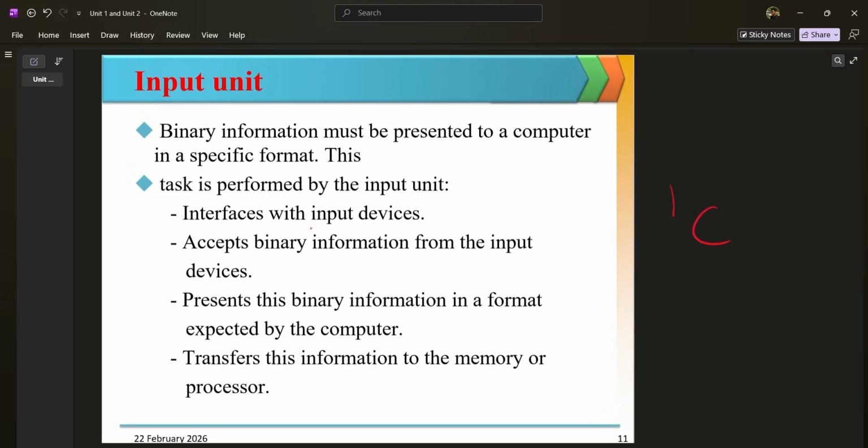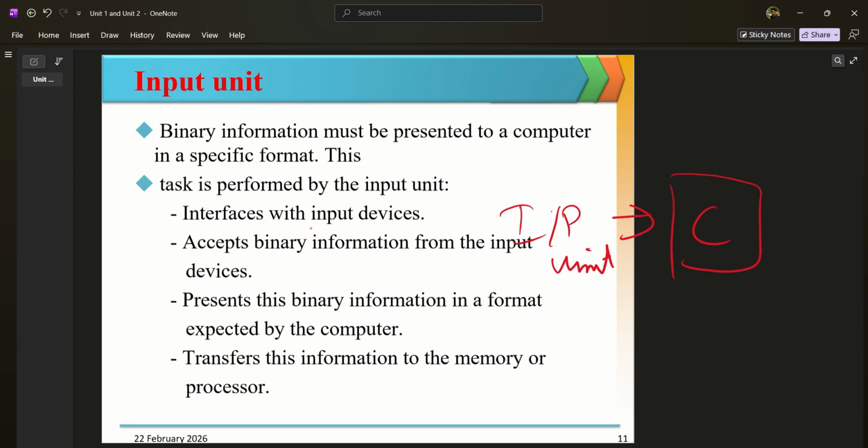So this is the computer, and the input unit works here. The input unit gets the information from the environment and gives it to the processing unit inside, in a specific format which the processing unit will understand.